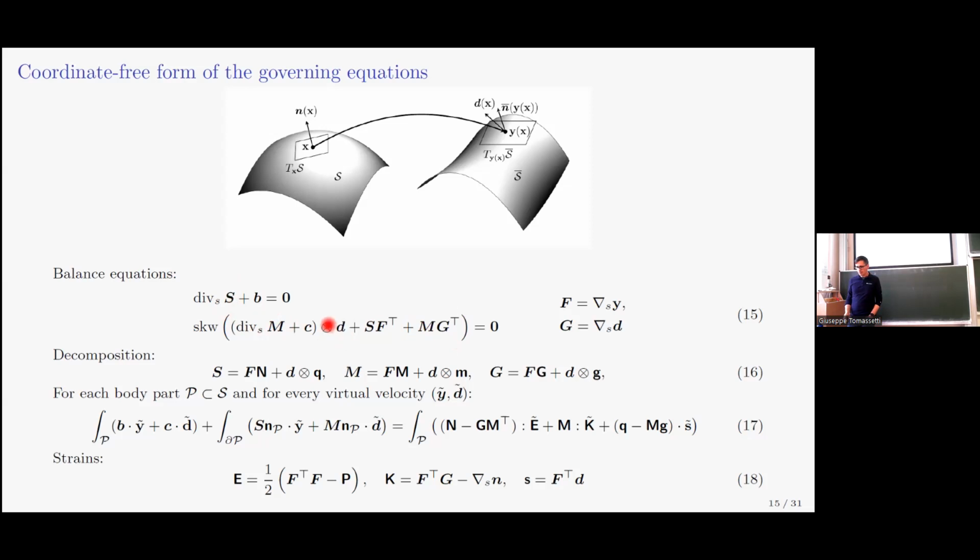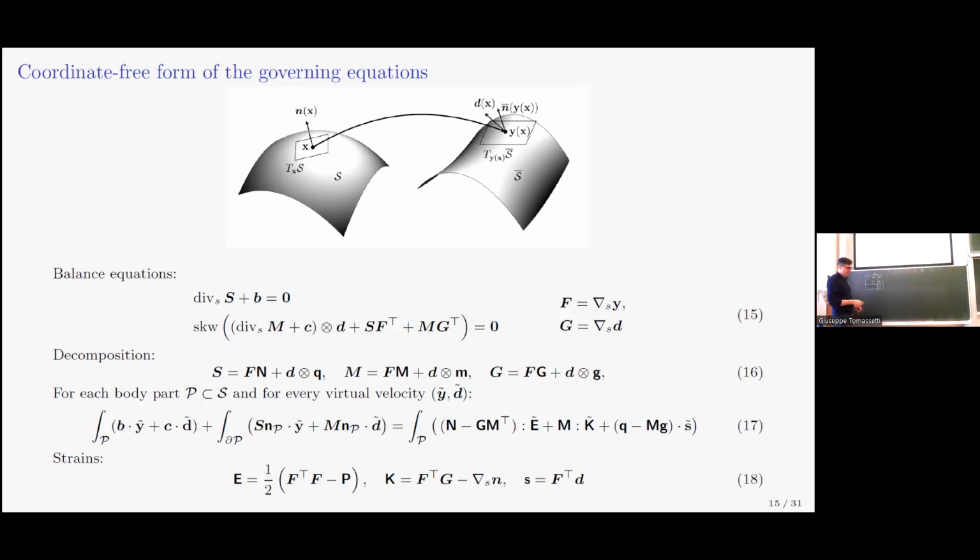And so this object here is a 3×3 matrix, which means that its skew symmetric part has 3 independent components. So if we consider a 3×3 matrix, on the diagonal you have zeros, and you can decompose the matrix like this, okay?